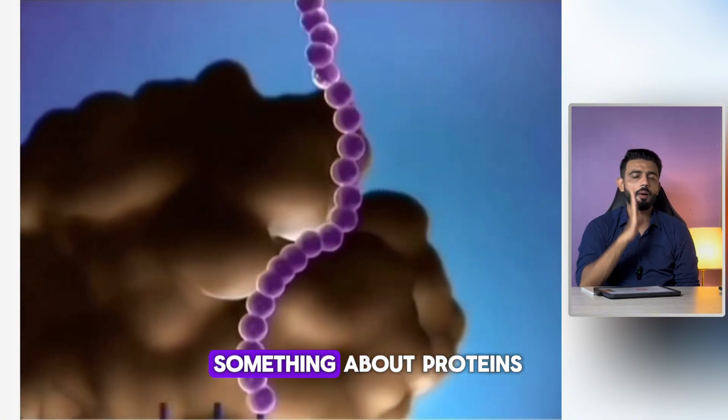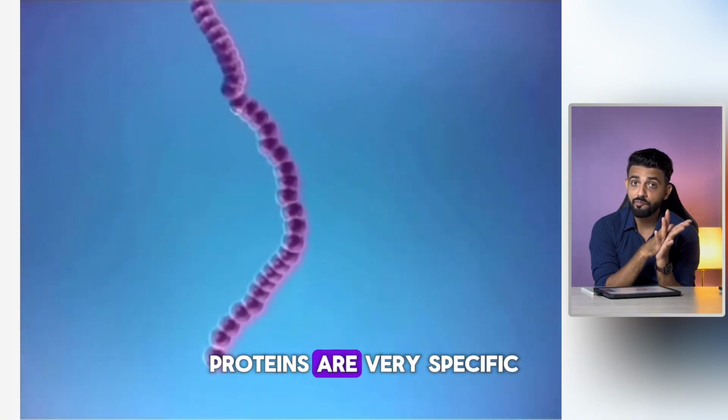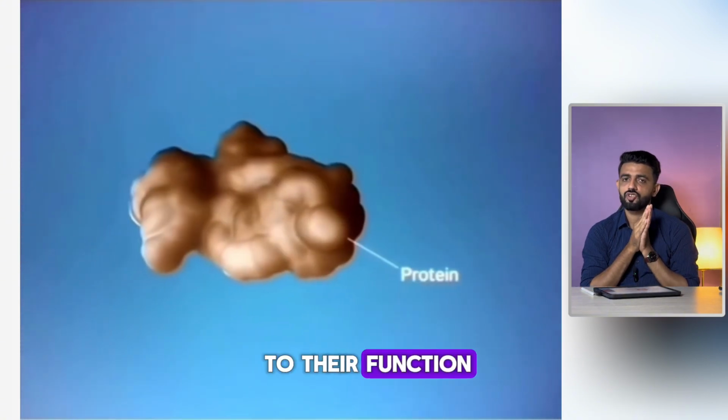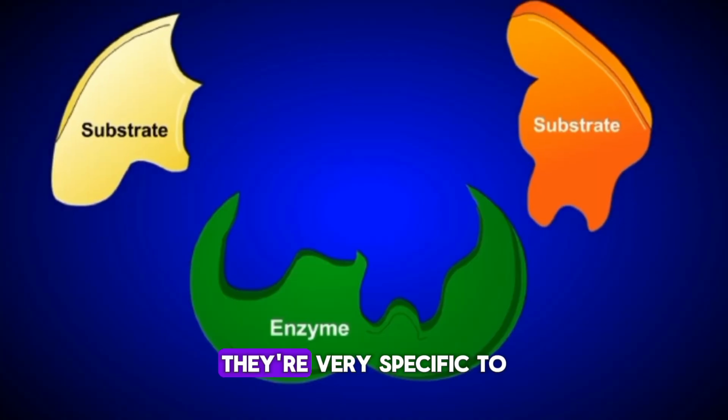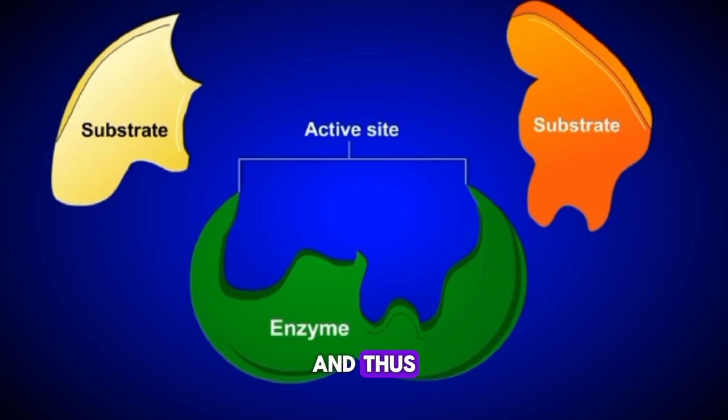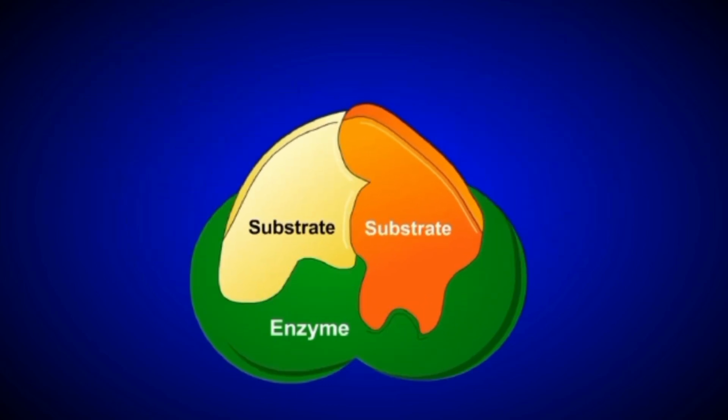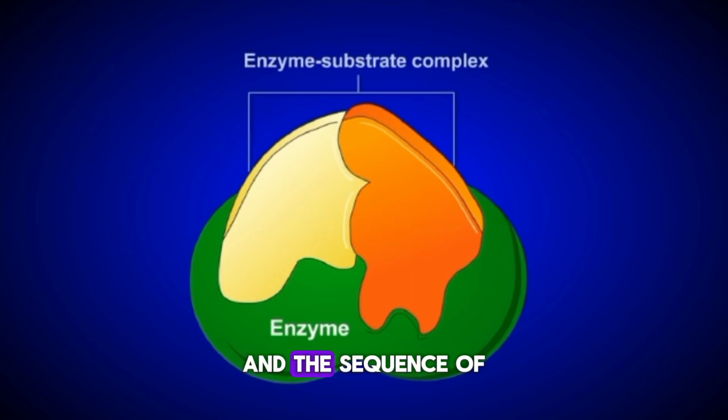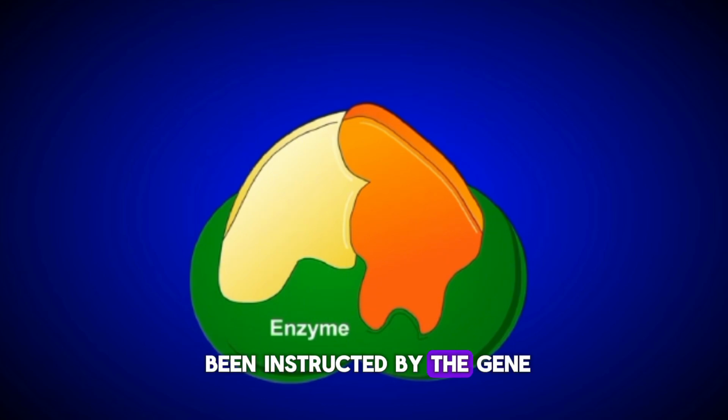Now, if you know something about proteins, proteins are very specific to their function. Just look at enzymes. They are very specific to their substrate because they have a very specific shape. And that shape is defined by the sequence of amino acids in that protein. And the sequence of amino acids is instructed by the mRNA, which in turn has been instructed by the gene.